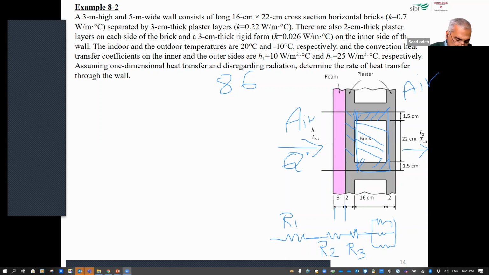After that, I have another layer of cement outside, and then the last one, which is the air outside. So if I say R1, R2, R3, R4, R5, R6, R7, and R8, perfect. Yes, Zhengxi, thank you. Correct. So this is the number of thermal resistances we have between in and out.